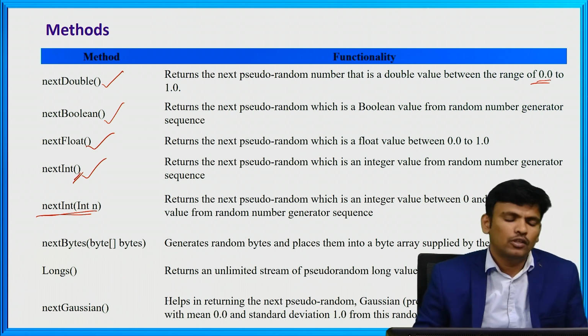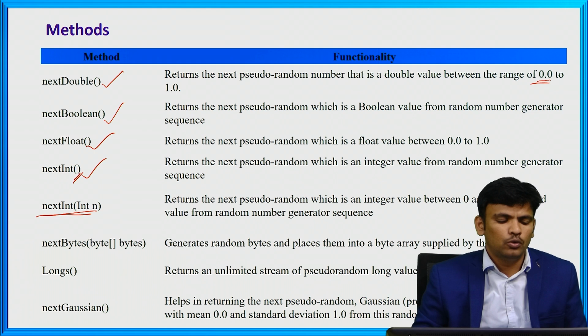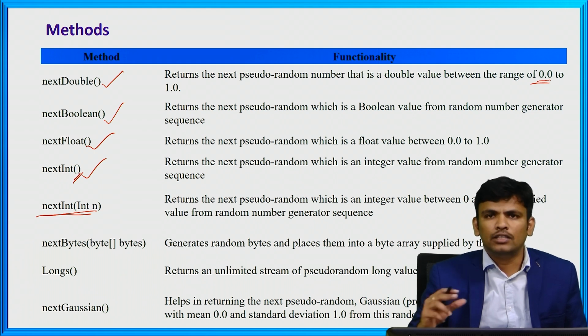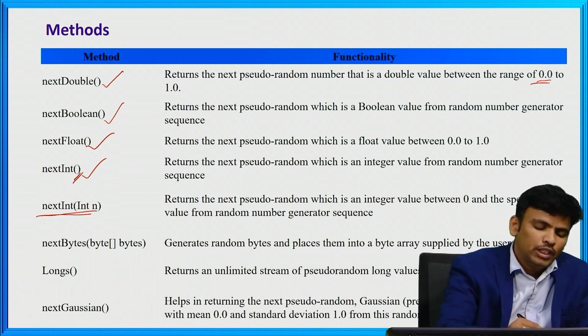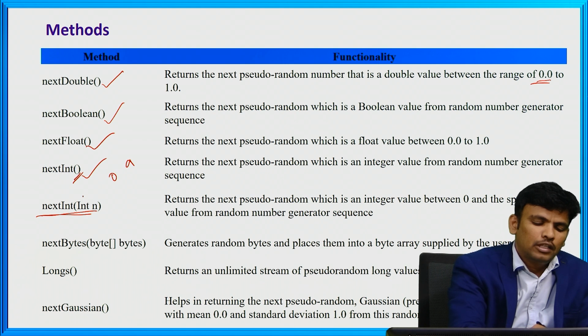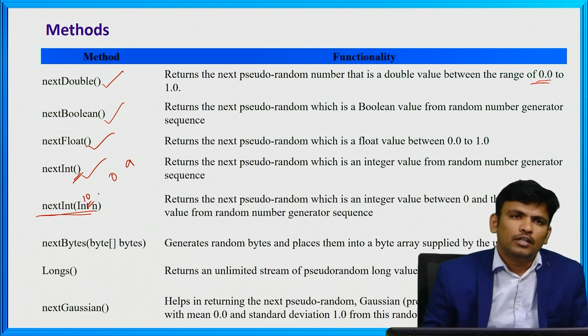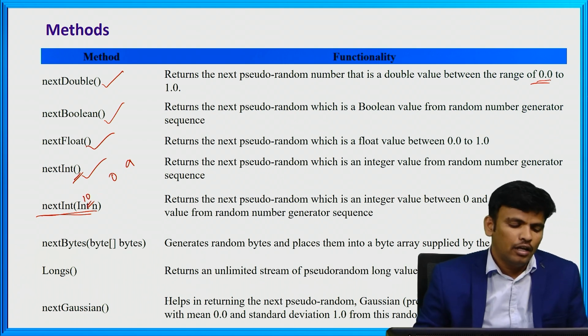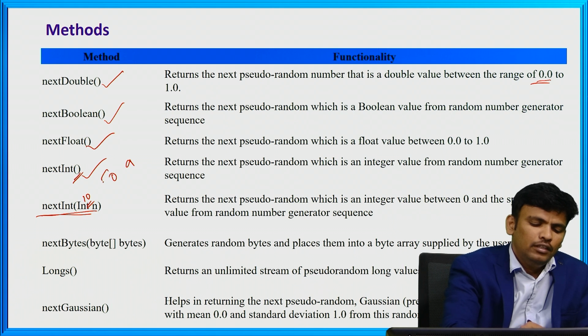But if you have a specific requirement, like I want to generate a number within some range, suppose I want to generate a number from 0 to 9, then we need to pass an argument: nextInt(n). If you pass an argument like 10, you are restricting it to generate an integer in the range between 0 to 9.